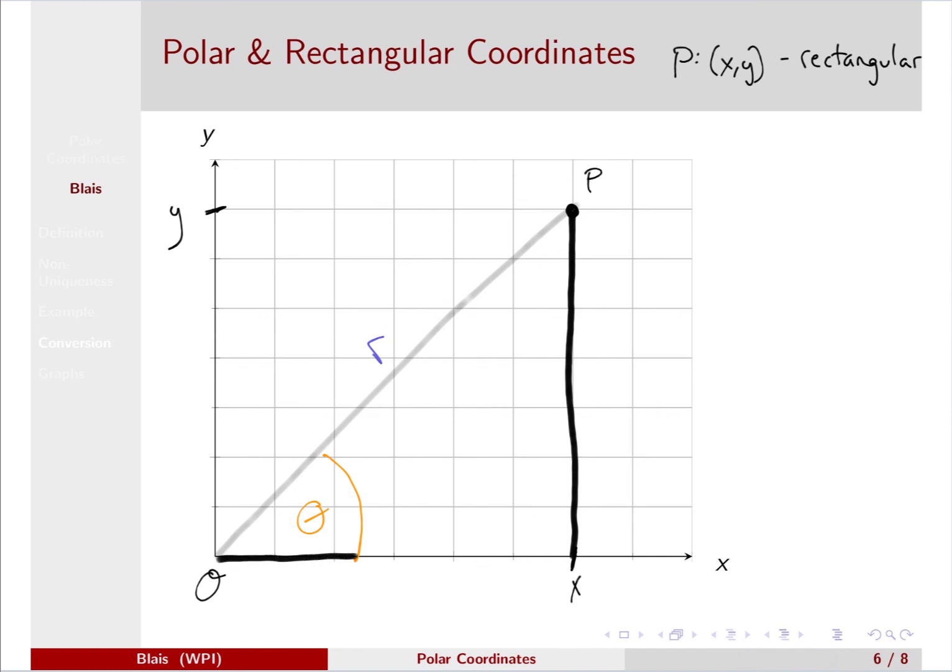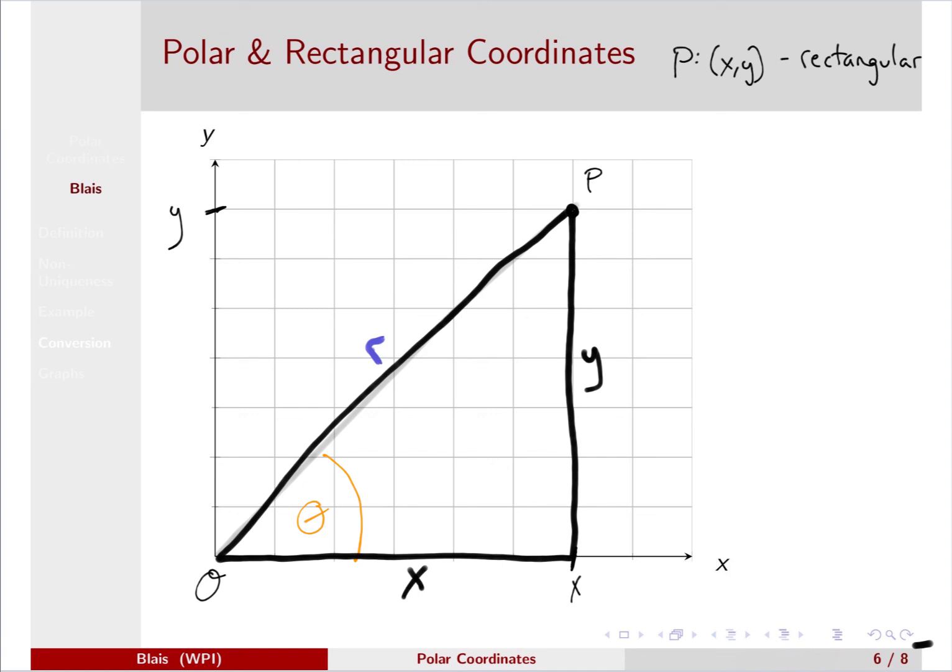And let's use what we know about trigonometry to define some relationships. So first, we know that in this triangle, its height is y, its width is x, and its hypotenuse is r.